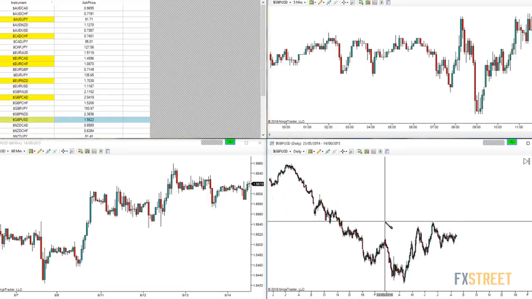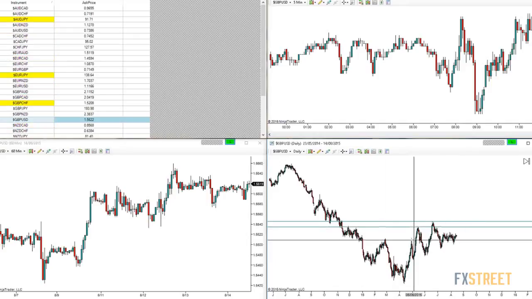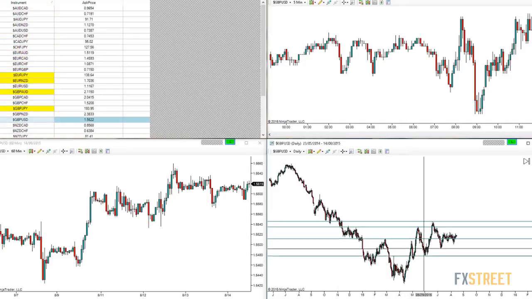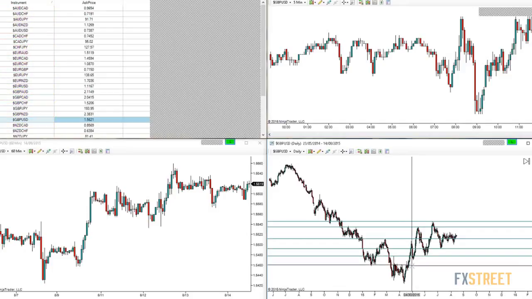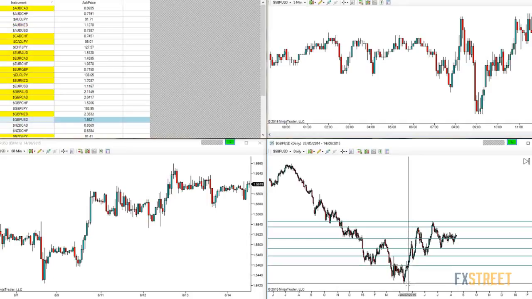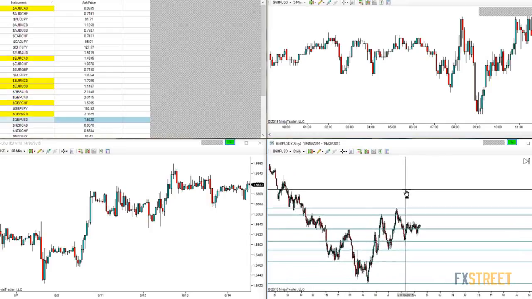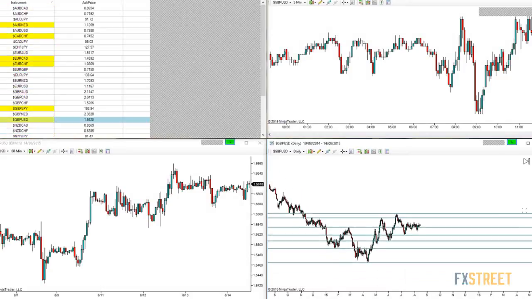So I think 1.5929, that's a level I should take notice of. 1.5807-ish. 1.5549. 1.5169. 1.5330. 1.4957 and 1.4564 are the immediate levels that I want to pay attention to. Round numbers you can take note of as well.